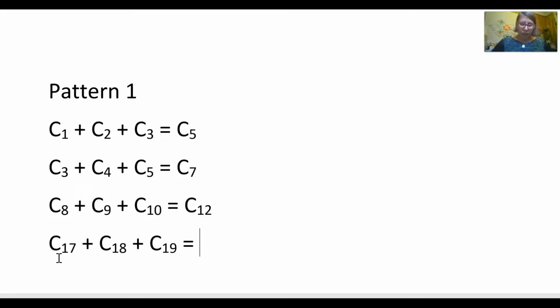Well, I could say it looks to me like the answer number is always 2 away from the last one. So if I had 10, 2 more gets me to 12. 10 plus 2 is 12. So I'm going to go 2 more from 19, 20, 21. It's got to be C21.